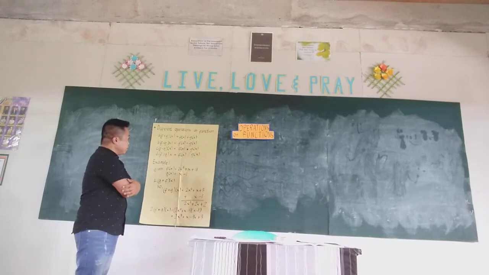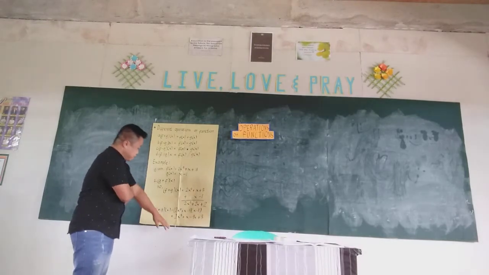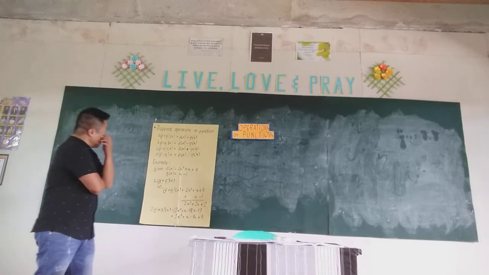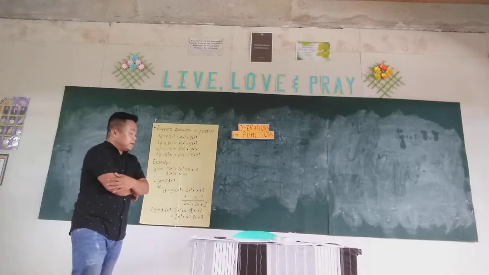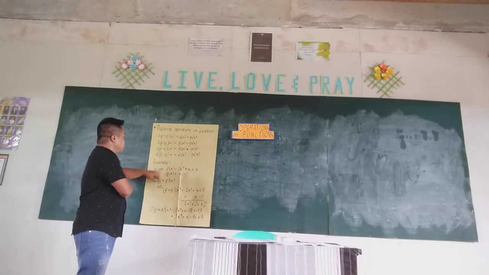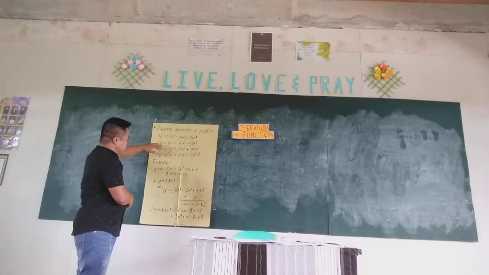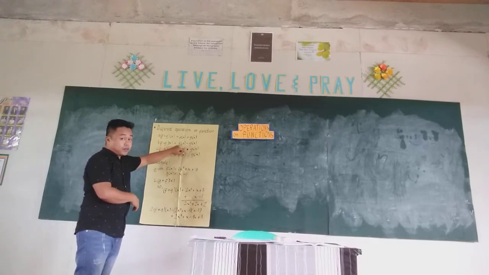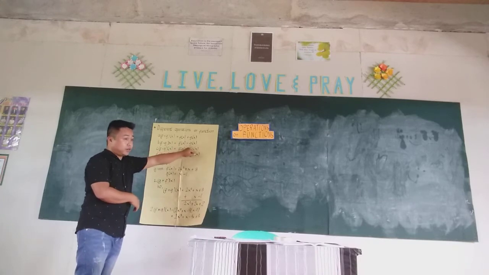Now, basing on what we have in our visual aid in front, you're going to add f of x and g of x. In B, you're going to subtract: f of x minus g of x.